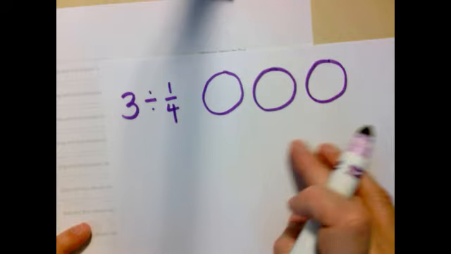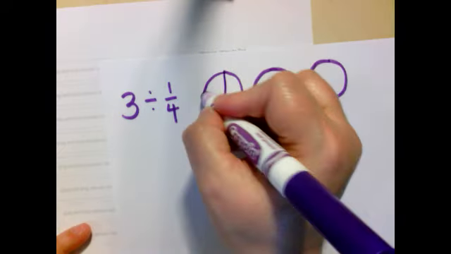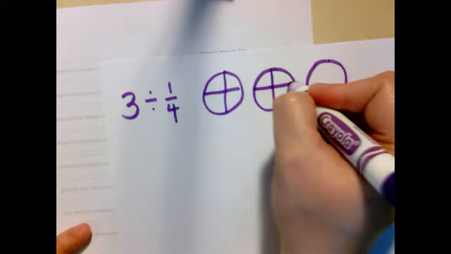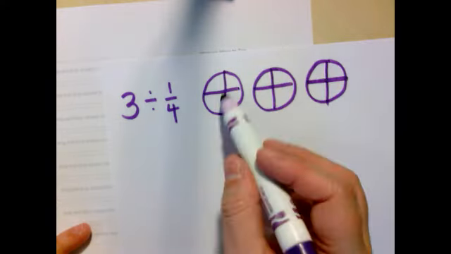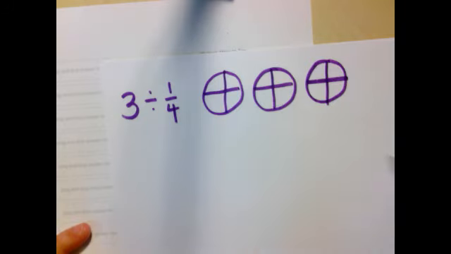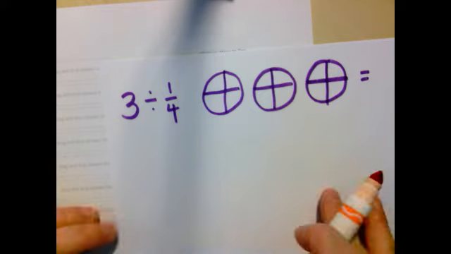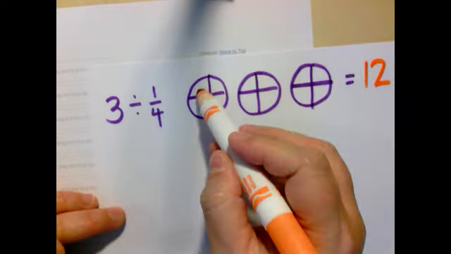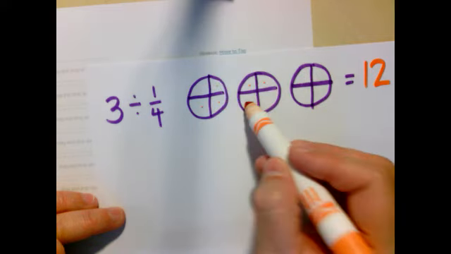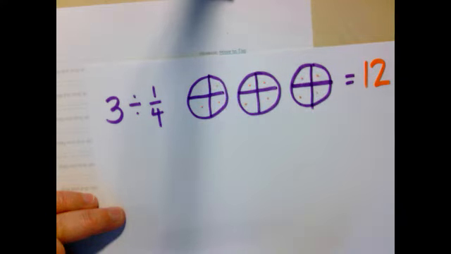So if I have 3 whole pizzas and I divide each pizza into 4 pieces, so fourths, how many total pieces do I have there? Well, I end up with 12 pieces. So 1, 2, 3, 4, 5, 6, 7, 8, 9, 10, 11, 12.